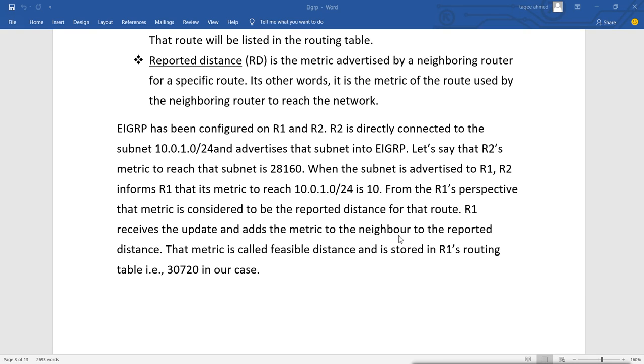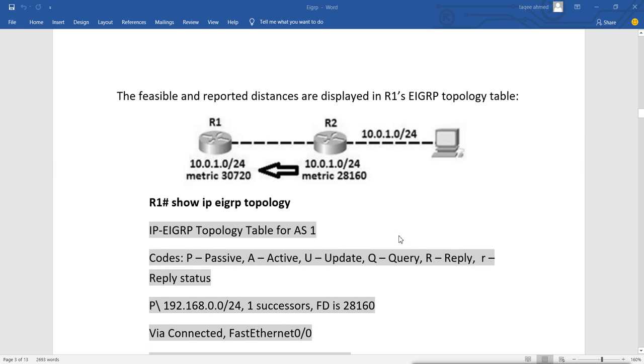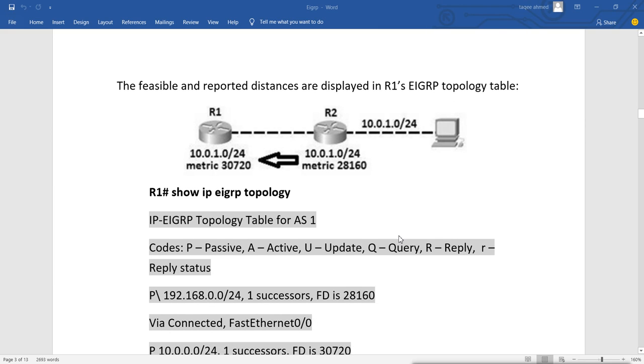So the feasible distance is the distance available in the routing table, and the reported distance is the distance reported by the neighboring router, saying I can reach this network using this metric. The feasible and reported distance are displayed like this. Here you can see router 1's metric and router 2's metric, and the network is 10.0.1.0.